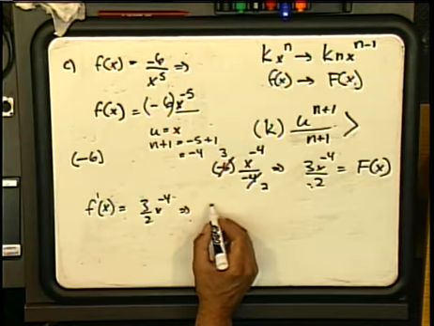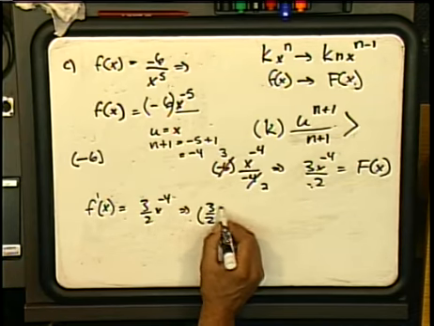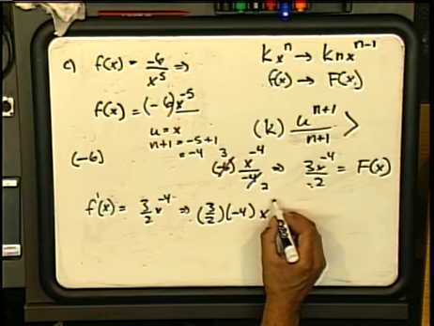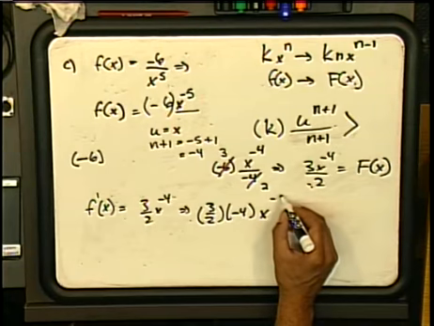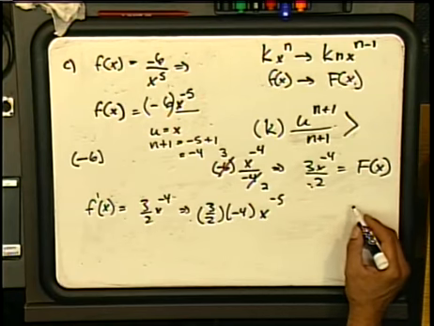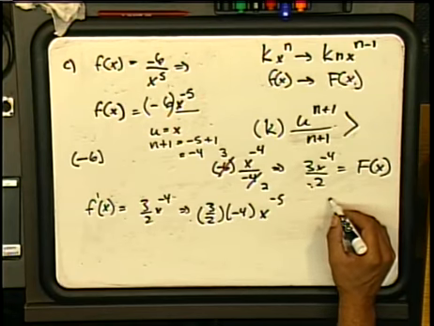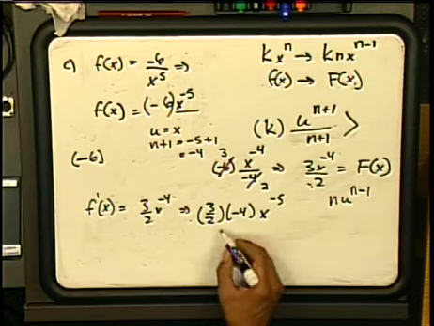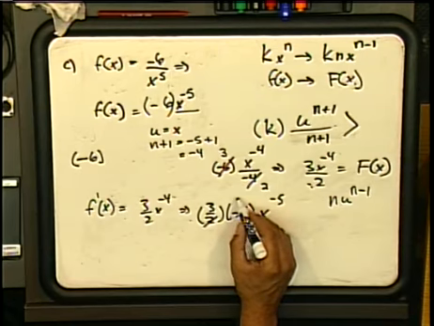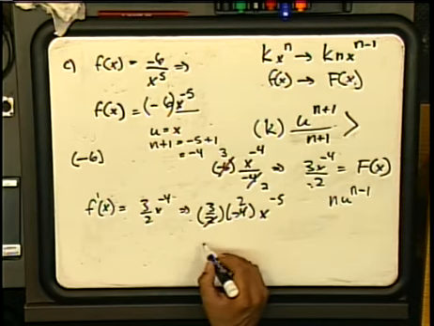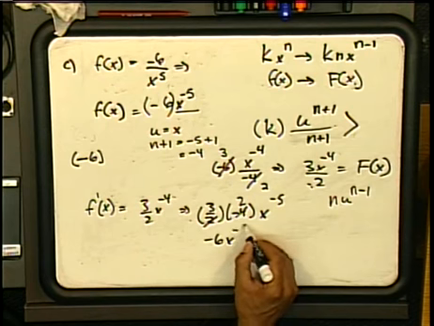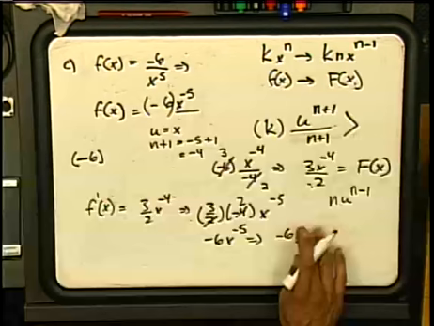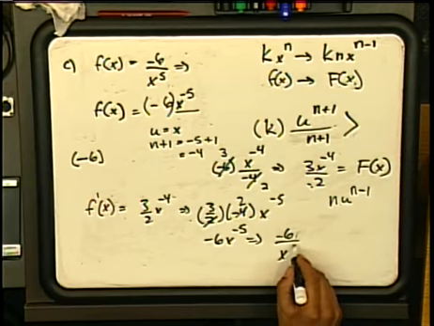So the derivative would be 3 halves times -4x to the -5 and u to the n-1. Cancels, left with -6x to the -5 or -6 over x to the 5th.